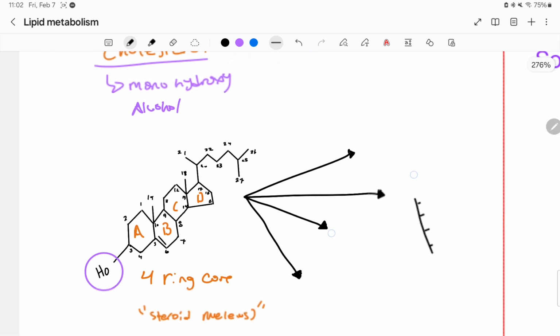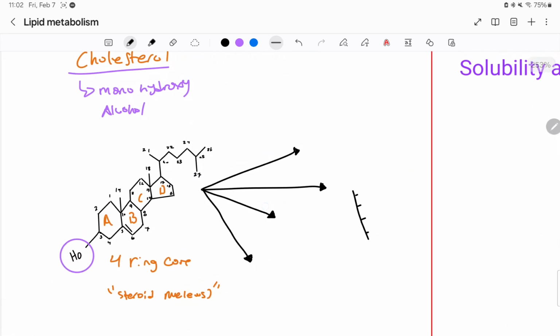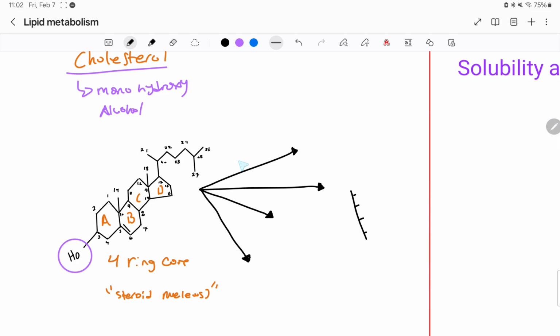This is how you name cholesterol. Now, you can get this cholesterol from many ways.